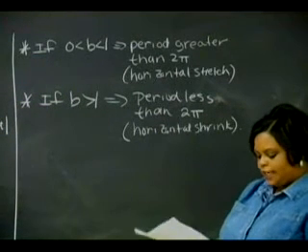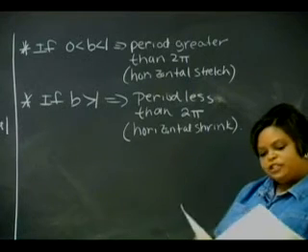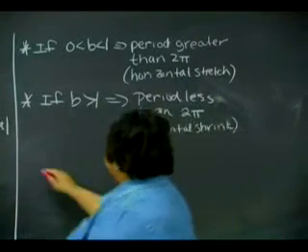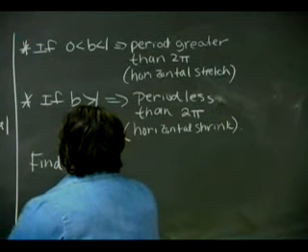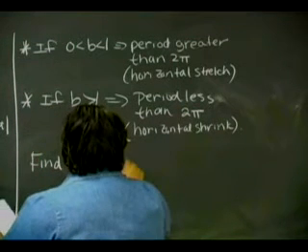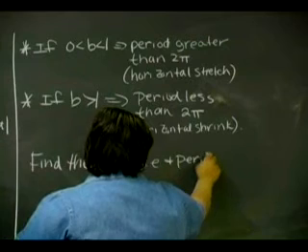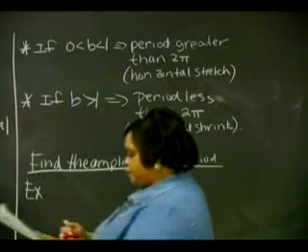So we're going to look at an example or two where we're just going to find the period and the amplitude. Okay? So let's find the amplitude and the period. First example.